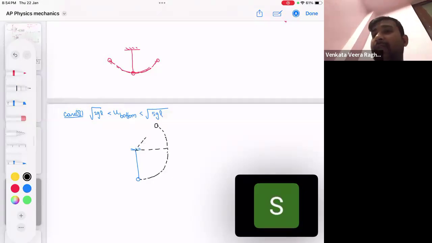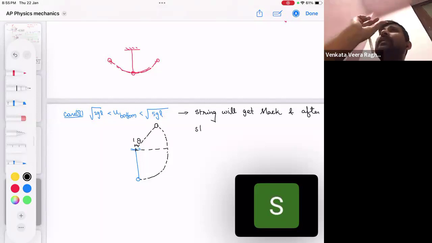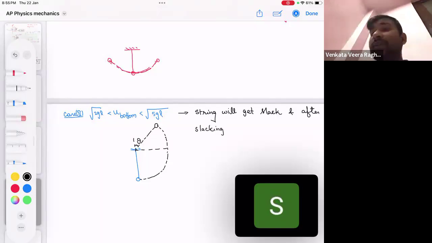Depending on the initial velocity we gave, the string will get slack, meaning the string will get loose.